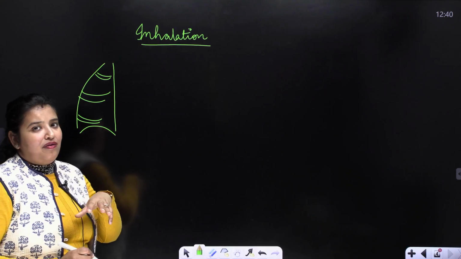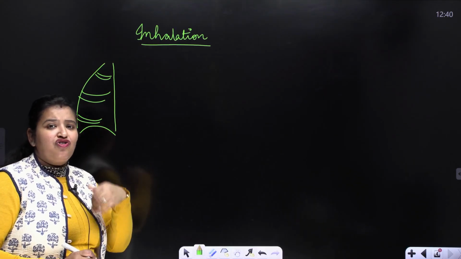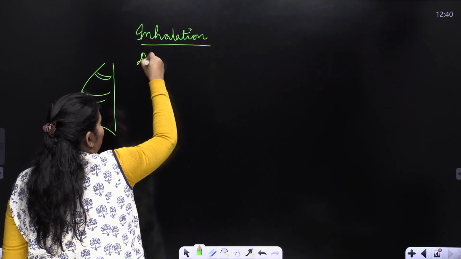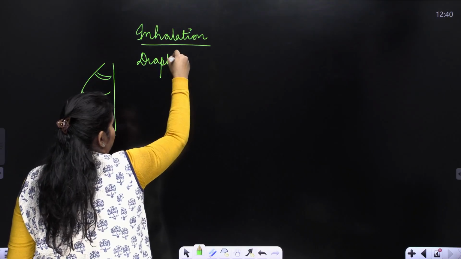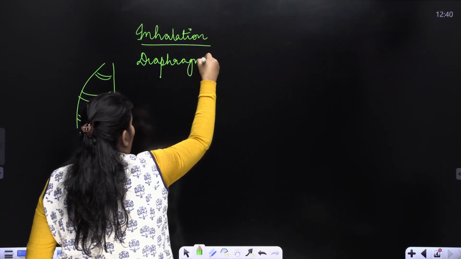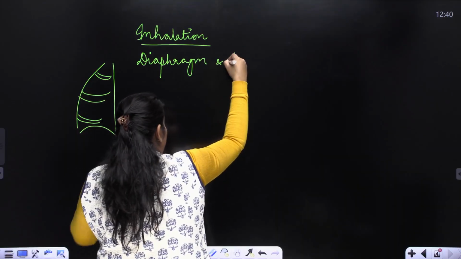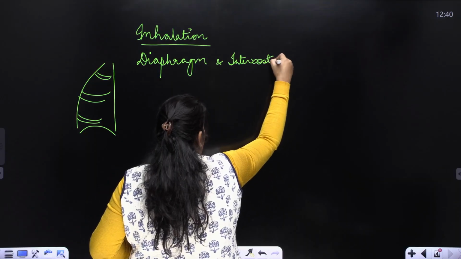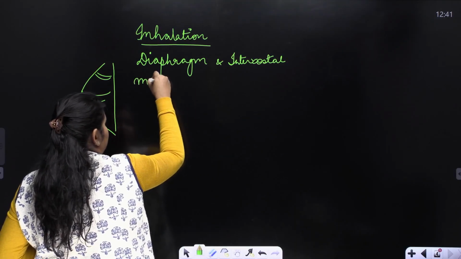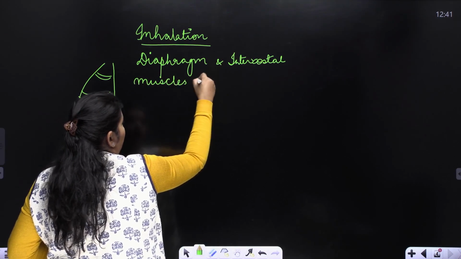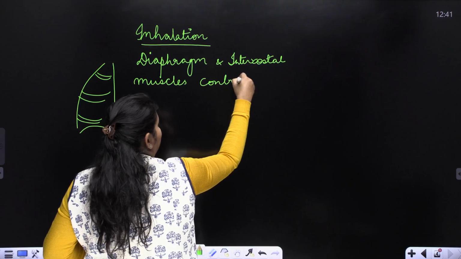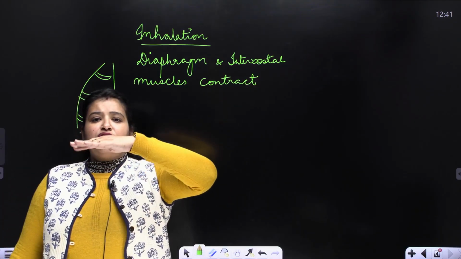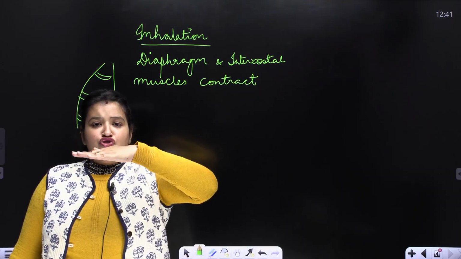Now, during inhalation, what happens? We take in air. Why is air rushing inside? The air rushes inside because the diaphragm and intercostal muscles contract. And you know what happens when these muscles contract? The diaphragm becomes flat instead of being dome shaped.